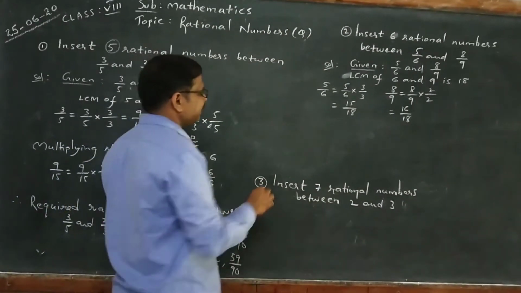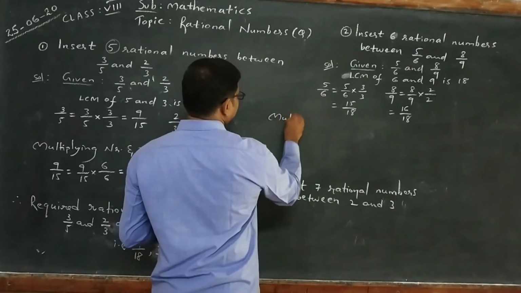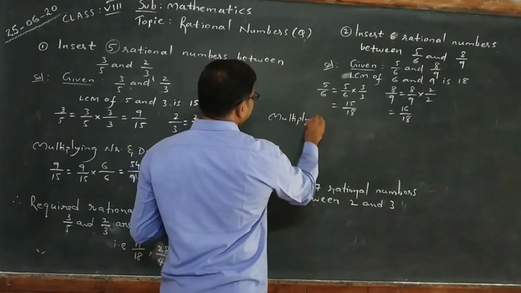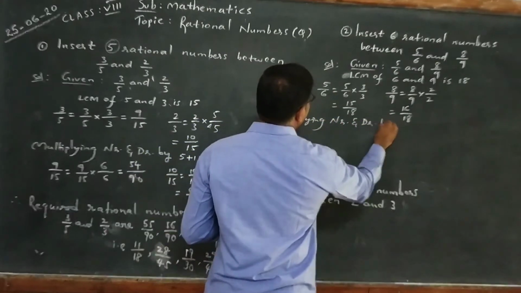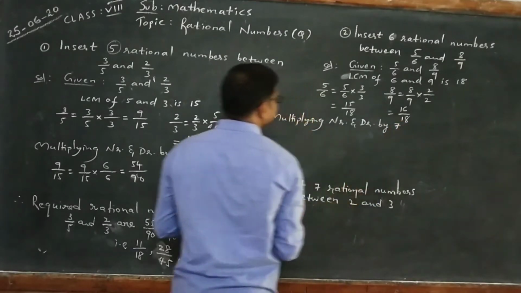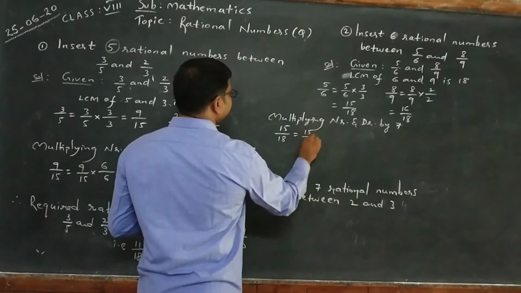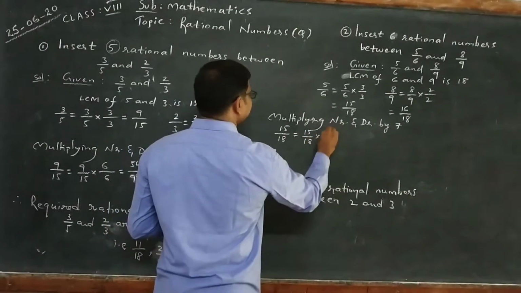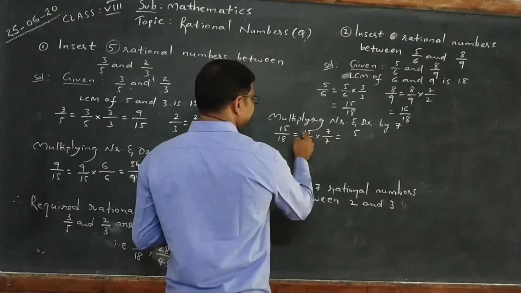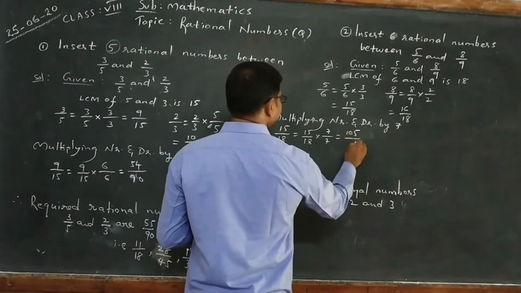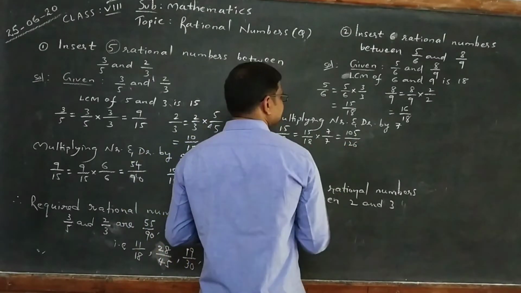So 6 plus 1 is 7. Then 15 by 18 equals 15 by 18 into 7 by 7. 7 5s are 35, 7 1s are 7, so 105 by 126.